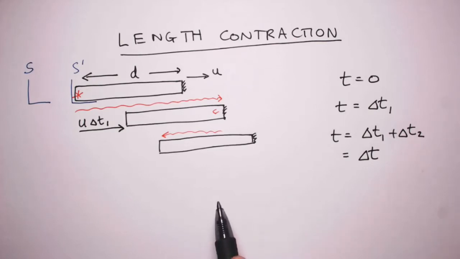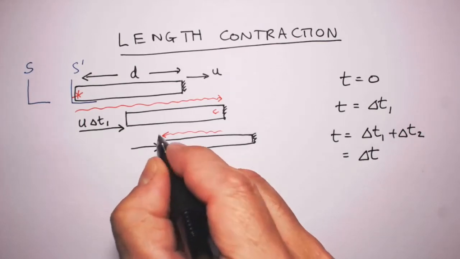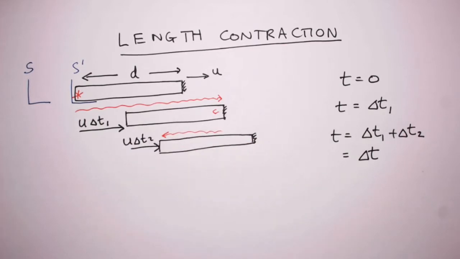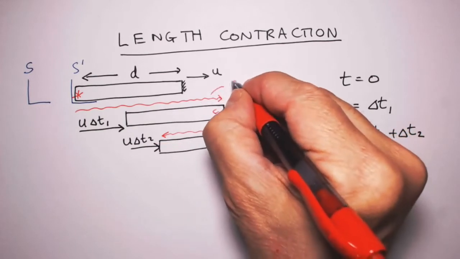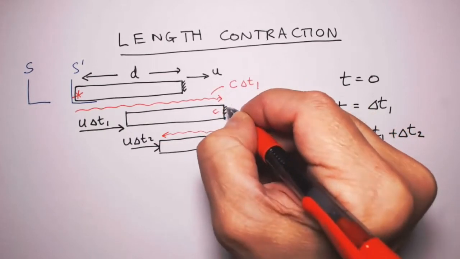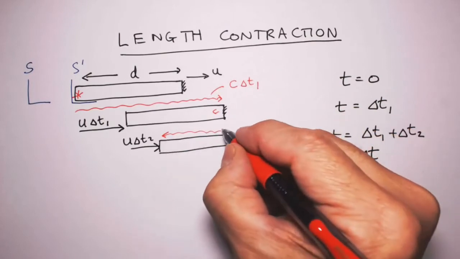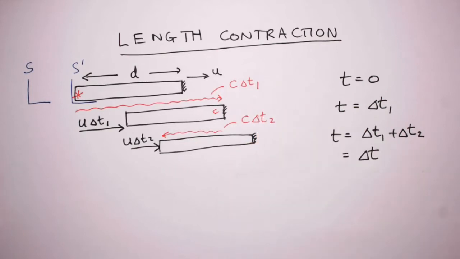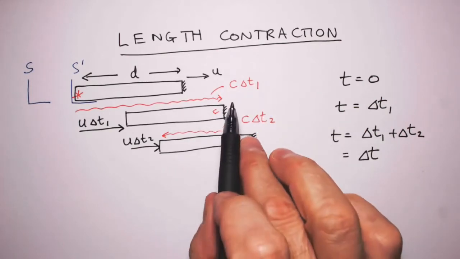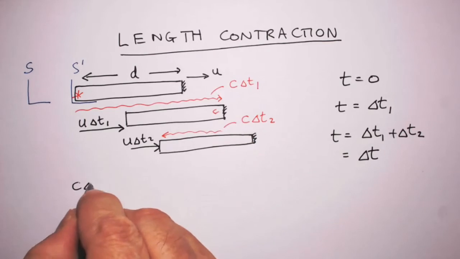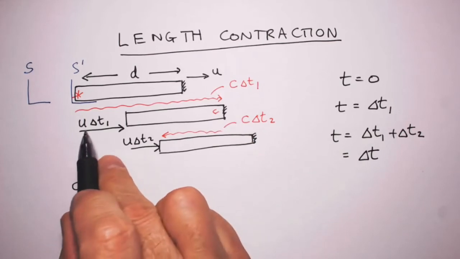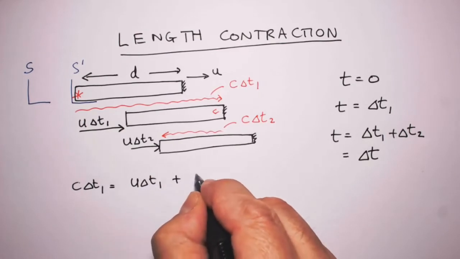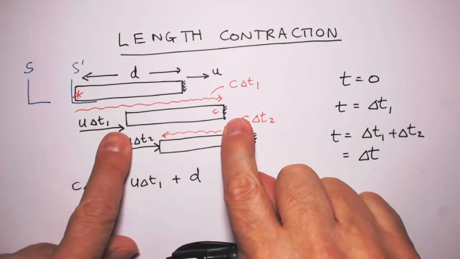So what we do is, first of all, let's note the distance traveled here by the light clock is u delta t2, and the distance traveled by the light signals here is c delta t1, catching up with the mirror and moving into the receiver. It travels a shorter distance, c delta t2. So first of all, c delta t1 is equal to u delta t1 plus the distance d, plus that distance d.